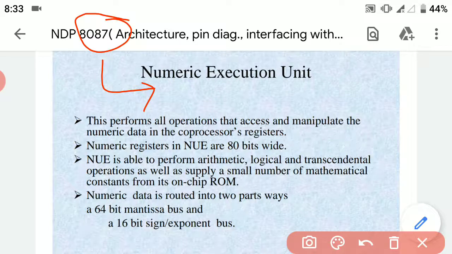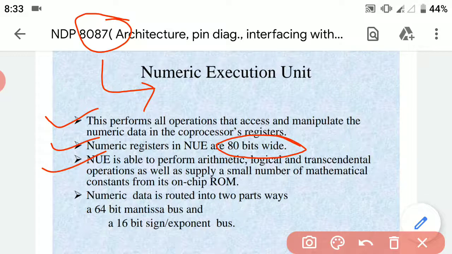Following are the functions of NEU. The first one is that NEU performs all operations that access and manipulate the numeric data in the processor register. Second, the numeric registers in NEU are 8 bits wide.